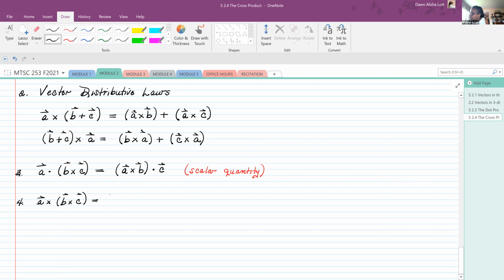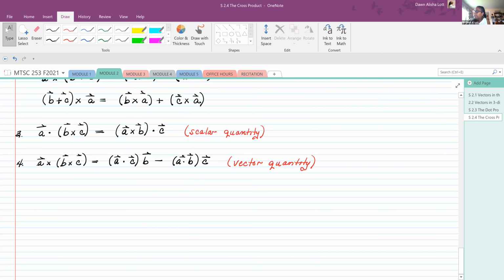So this is A dot C times the vector B minus A dot B times the vector C. So this is now a vector quantity. Okay.